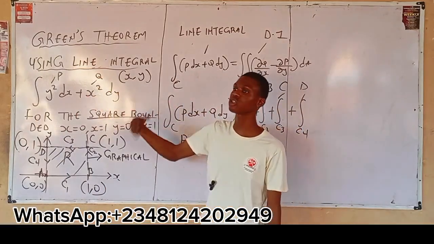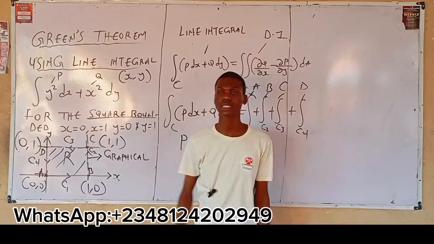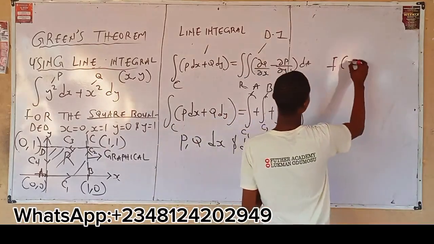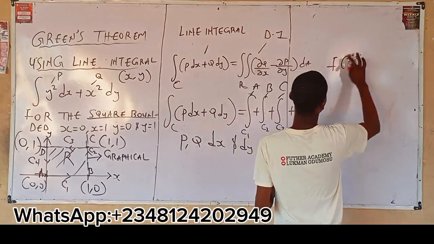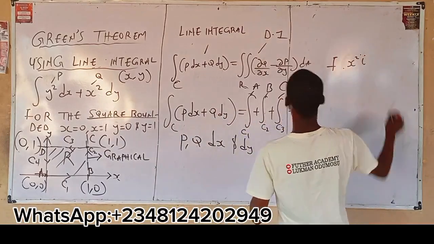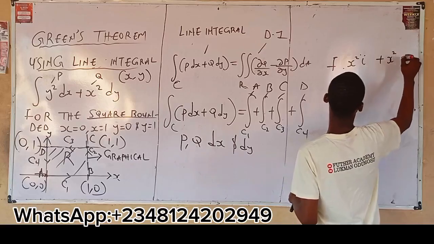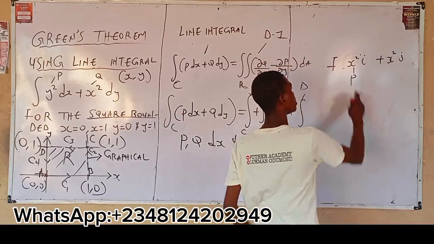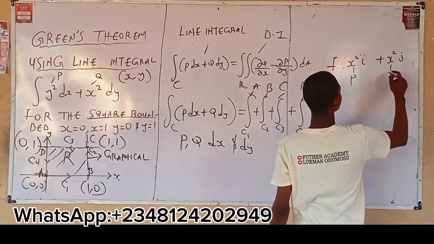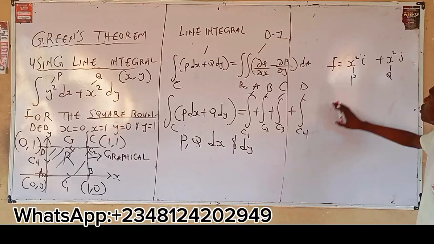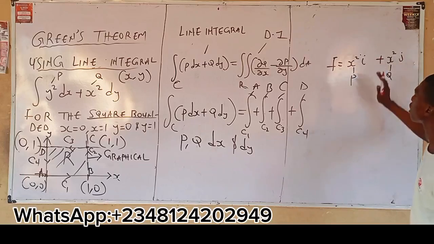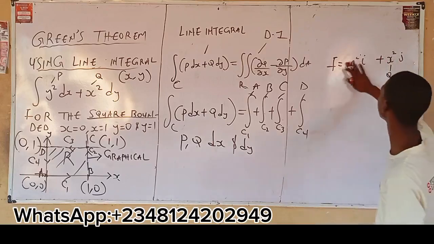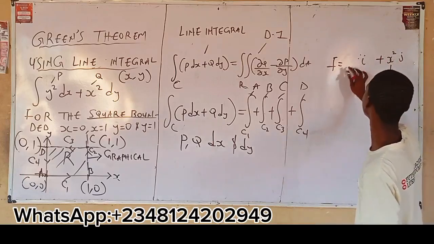Normally, what would have been given to us is that the vector field is given as x square i plus y square j, meaning this is P. Take note that P is always the i direction, while Q is always what? j. From that question, this is what would have been given. But the question has made it easy for us. This is y square.